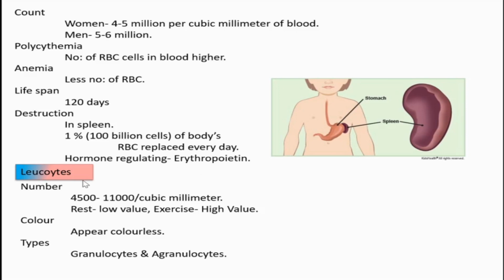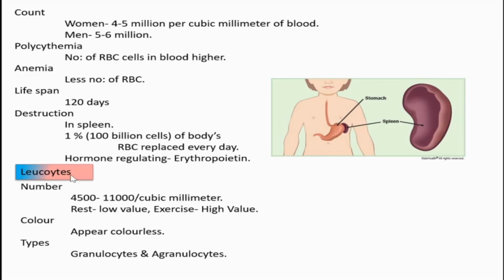Next is leukocytes. Leukocyte number is less when compared with the number of RBC that we already mentioned during the composition of blood and its distribution through centrifugation.